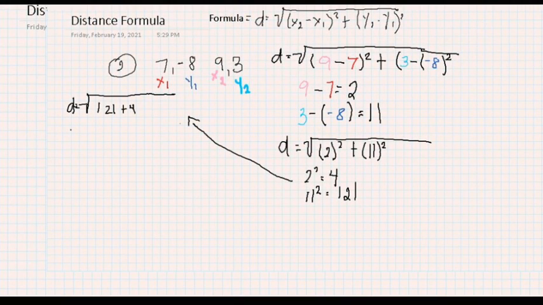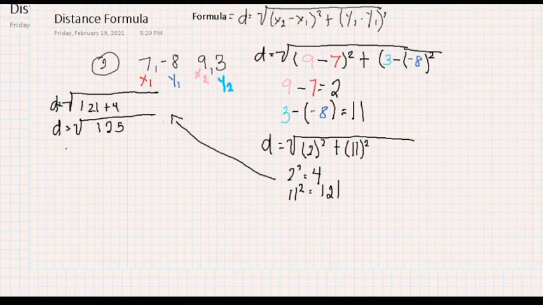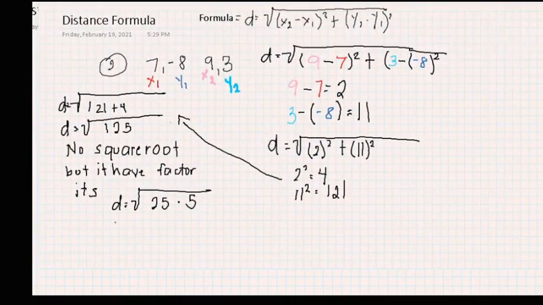So next, d is equal to the square root of 2 squared, which is 4, plus 11 squared, which is 121. So next, d is equal to the square root of 4 plus 121, which is 125. So the square root of 125 is not yet our final answer.